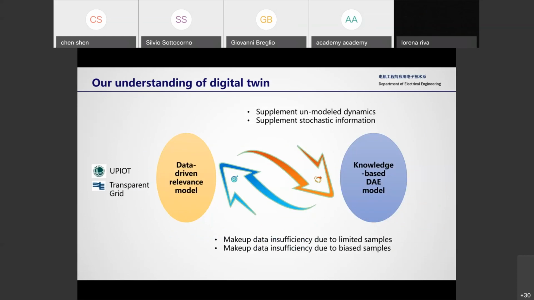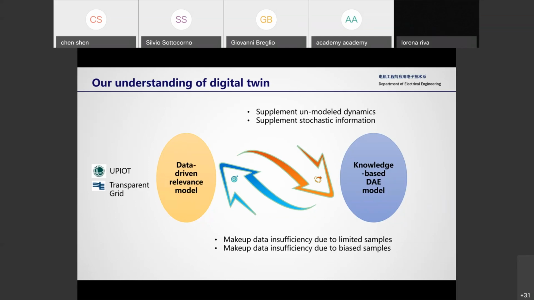We think neither of the two kinds of models is dispensable. On the one hand, the data-driven relevance model can supplement unmodeled dynamics and stochastic information to knowledge-based models. On the other hand, the knowledge-based DAE model can make up for data insufficiency due to limited samples and biased samples.